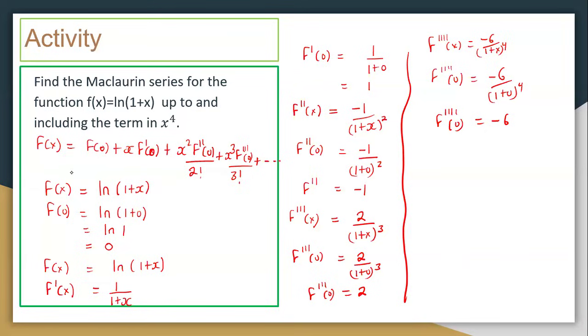Yes, you write up to the term that has been indicated in the question. So here we shall say f of x is equal to, our first one was a 0, so here we have a 0.